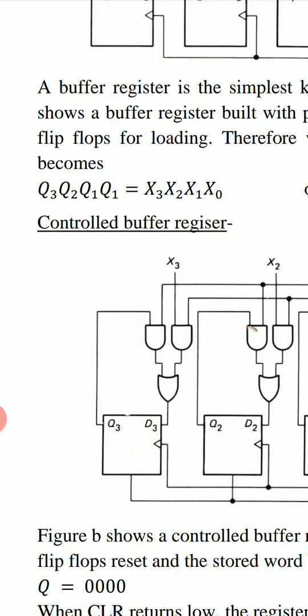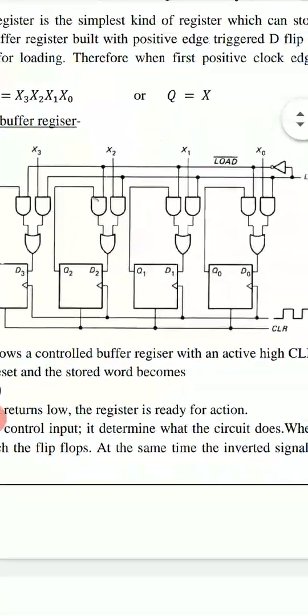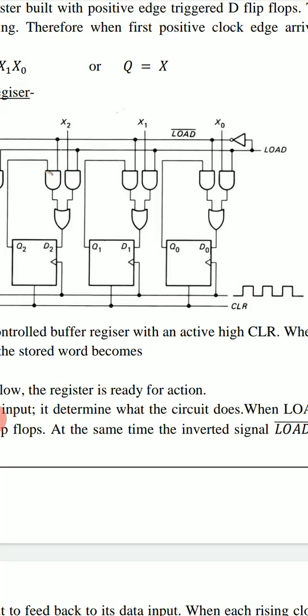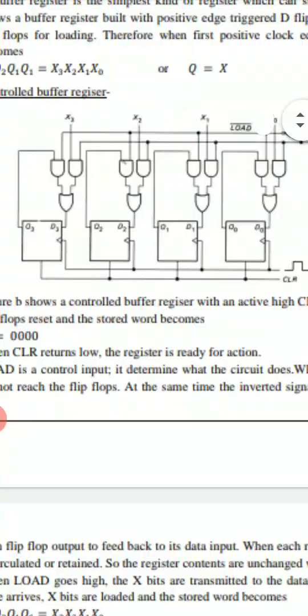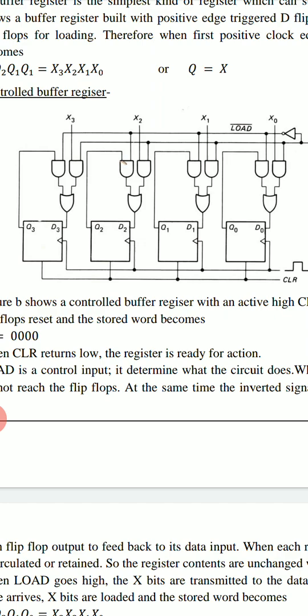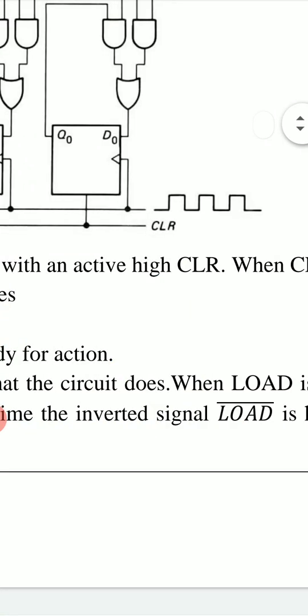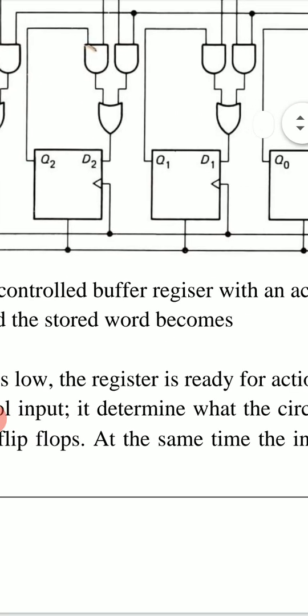Next is the controlled buffer register. In the controlled buffer circuit, we also use these 4 positive edge triggered D flip-flops. This clock signal goes to each of the 4 D flip-flops.